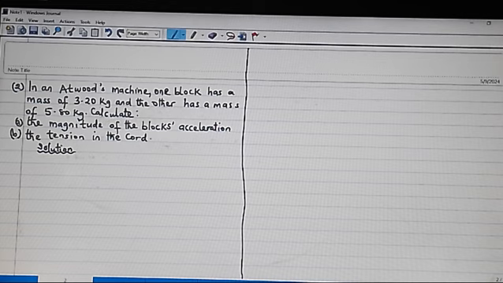So how do we proceed? This is my Atwood machine. Let me use this circle to represent a pulley system. And this is the smaller block, and this is the larger block.